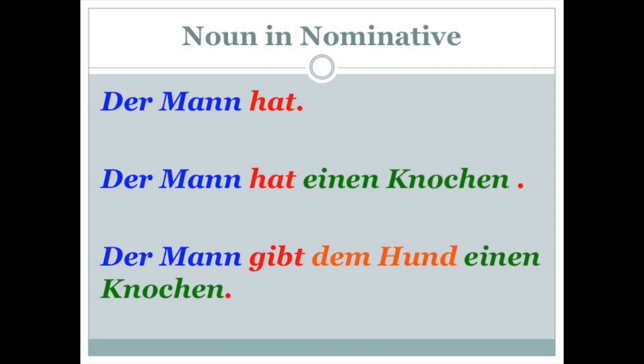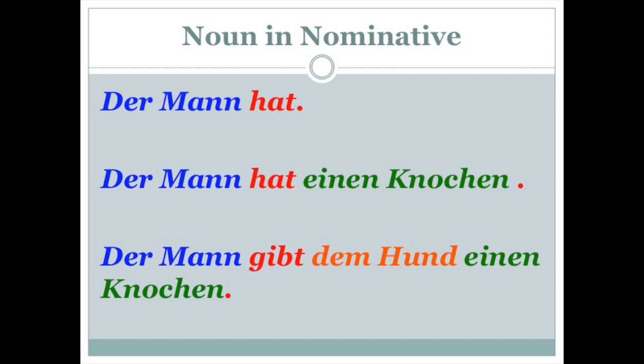So the noun in the nominative would be der Mann hat. Der Mann hat einen Knochen. Der Mann gibt dem Hund einen Knochen. So der Mann is always the subject, while the other nouns take on other elements in the sentence. Der Mann hat, the man has. I mean, there's something missing, right? What does he have? The next element, the direct object, the thing he has, a bone, einen Knochen, is in the accusative.